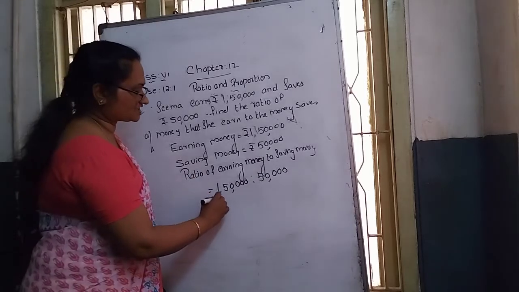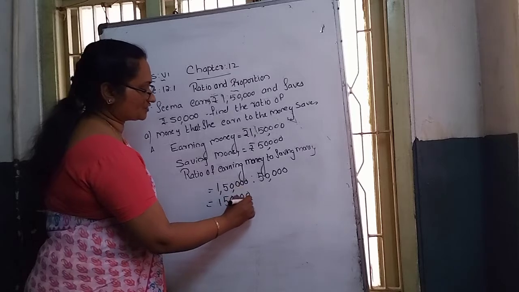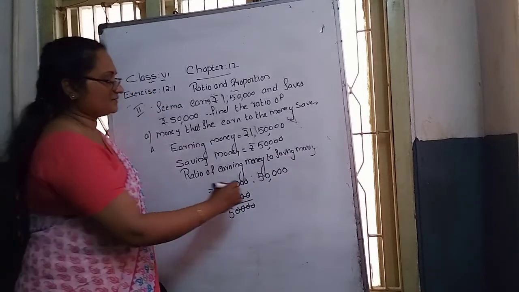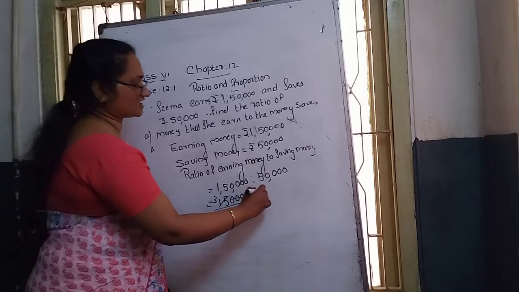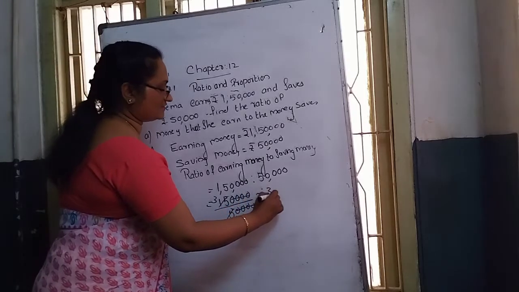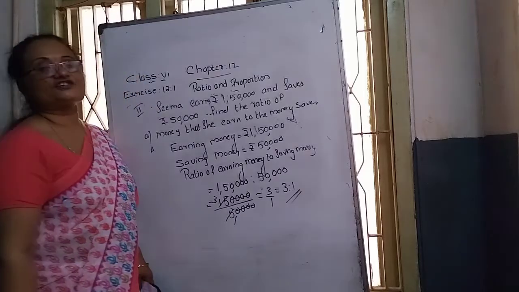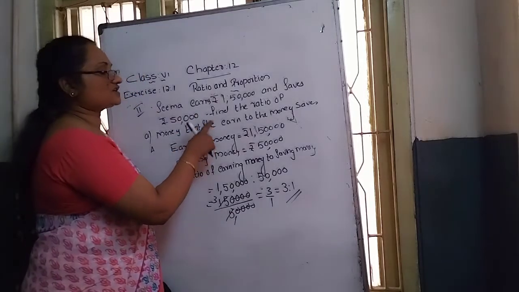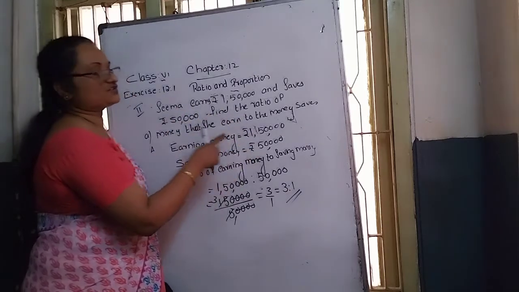Then we write it ratio-wise. First write it as a fraction, 1,50,000 by 50,000. 4 zeros cancel. 5 ones are 5, 5 threes are 15. So we get 3 by 1. How do we write it as a ratio? 3:1 is the ratio. In this way we can find it. Her earning amount is 1,50,000 and her saving amount is 50,000.